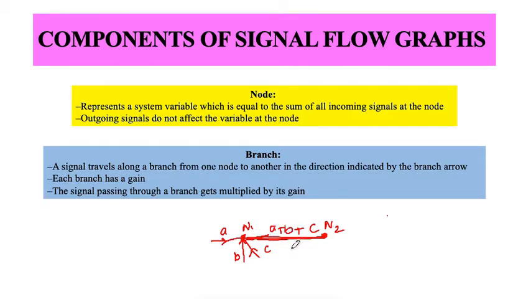In terms of a circuit element, there will be some element sitting over here with some gain, let's call this gain K. If the signal is passing from here to here, it gets multiplied by its gain. It is not very surprising. So the signal passing through a branch gets multiplied by its gain.